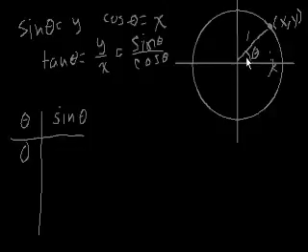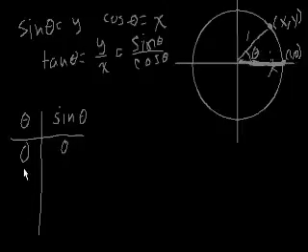When theta is 0, this is the radius, and this is the point where the radius intersects the unit circle, and this point has a coordinate 1, 0, right? And so if it intersects the unit circle at 1, 0, then sine of theta is just the y coordinate, so sine of theta is 0.